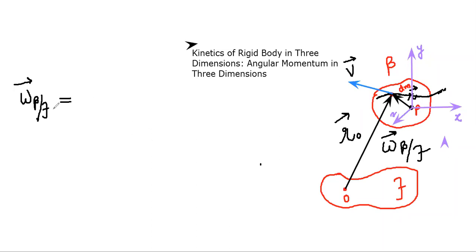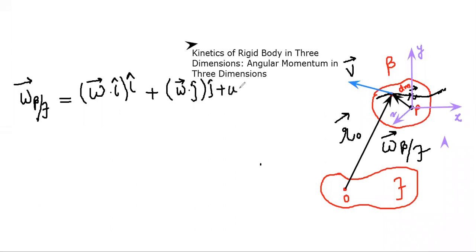If omega has three components, then its component along x-axis can be written as omega dot i cap, the dot product of omega with the unit vector along the x-axis. Omega dot i gives the magnitude of the angular velocity along x-axis, and i cap gives the direction, plus omega dot j into j cap, plus omega dot k into k cap.